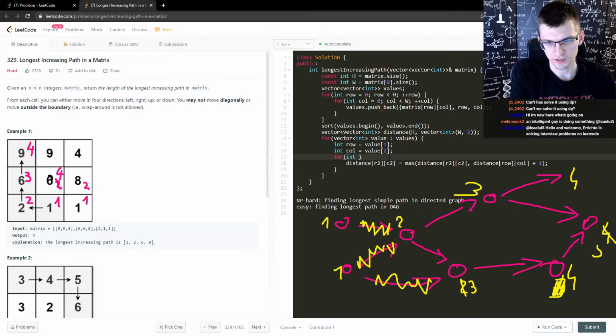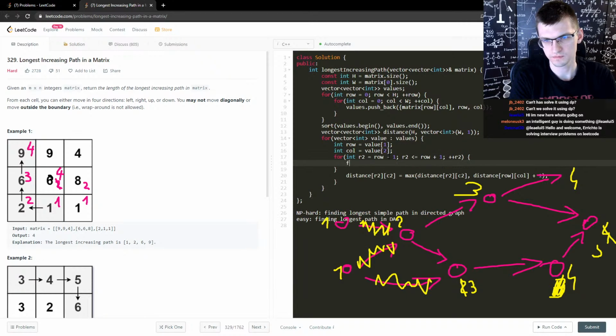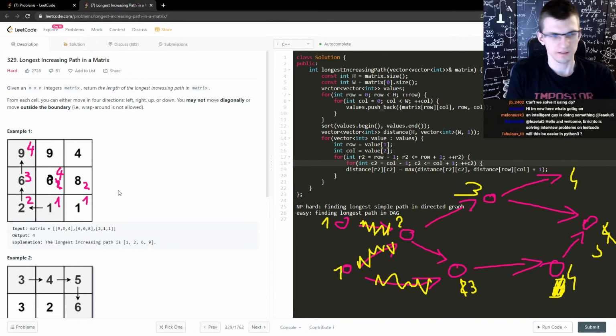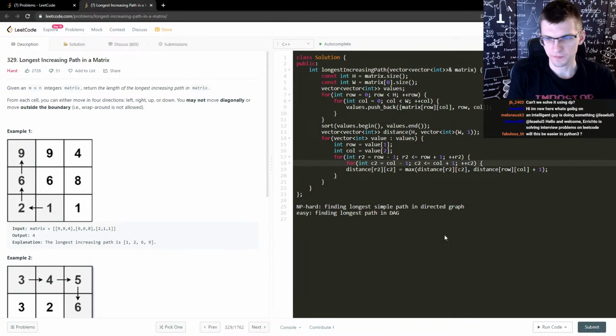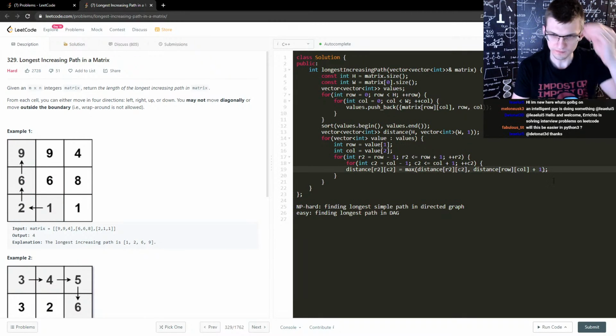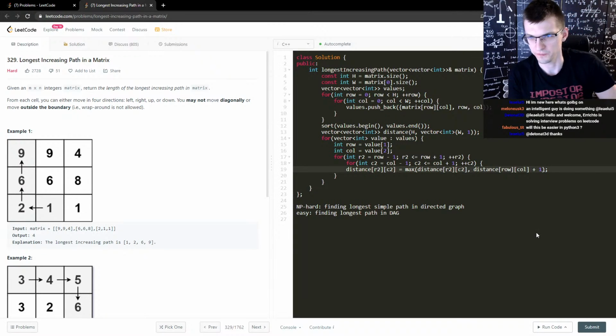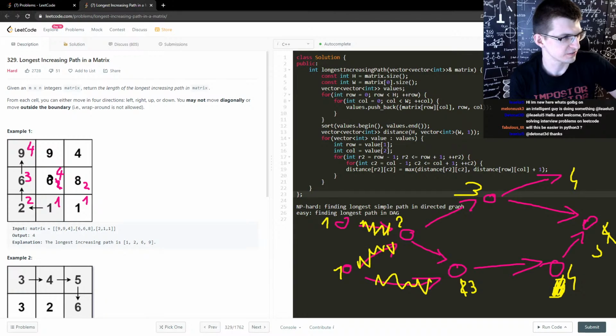For every row from row -1, like that. Let's hide the drawings. What did I do? Actually I need drawings, just different ones.